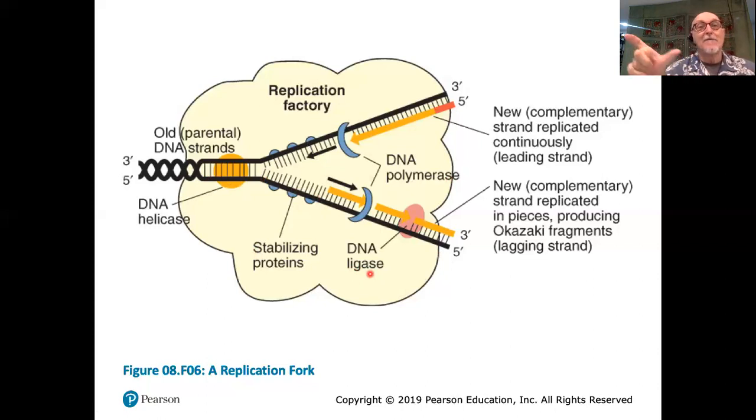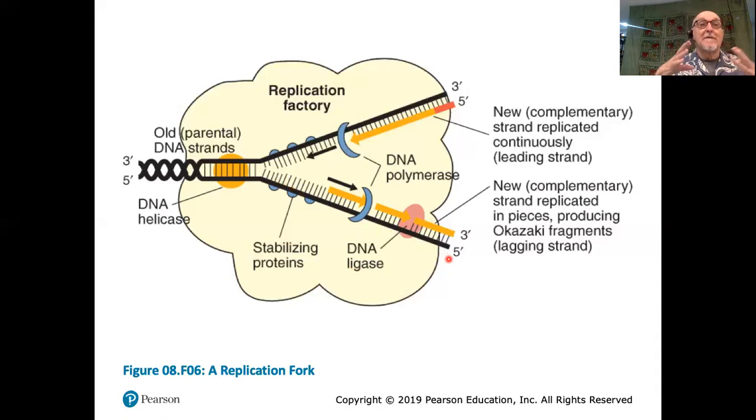We end up with these fragments of mixed RNA and DNA. RNA primer, a short length of DNA. Then it bumps into the primer that was already laid down and stops. Then we've got the new primer, DNA, primer, DNA, primer, DNA. These Okazaki fragments all the way down here.